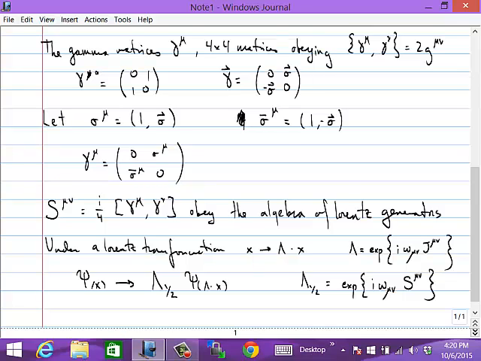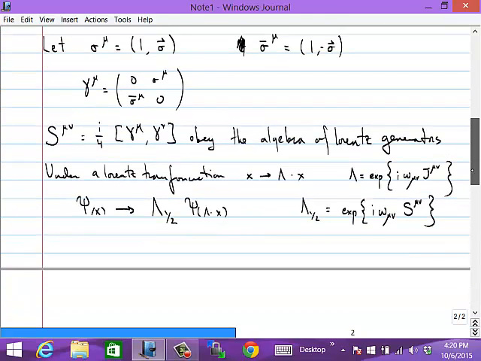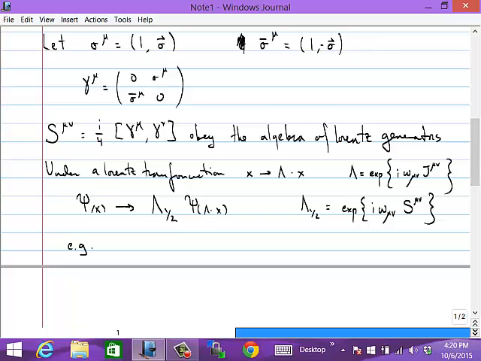Good. Yes, question. Can you repeat what you said about omega mu nu and J mu nu and what they correspond to? Yes. So for example, when you think of these things as differential operators, J12 is x dy minus y dx, right? Which is the generator of rotations about the z-axis.